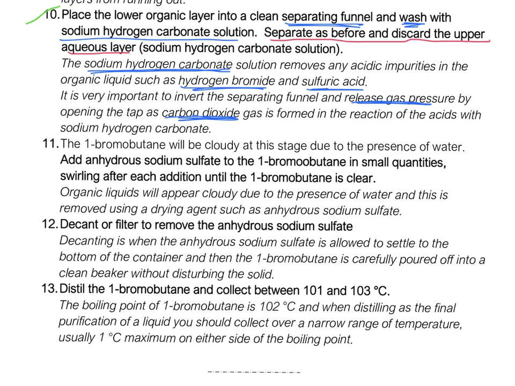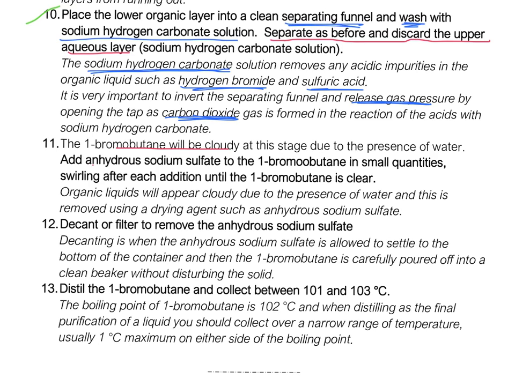Okay, so the last few steps, we're getting close to the end, but our organic layer, the 1-bromobutane, will be cloudy at this stage because we've still got water in it. We've got rid of most of our impurities, but we've still got water in it. So what we want to do is add a desiccant, something that's going to get rid of our water.